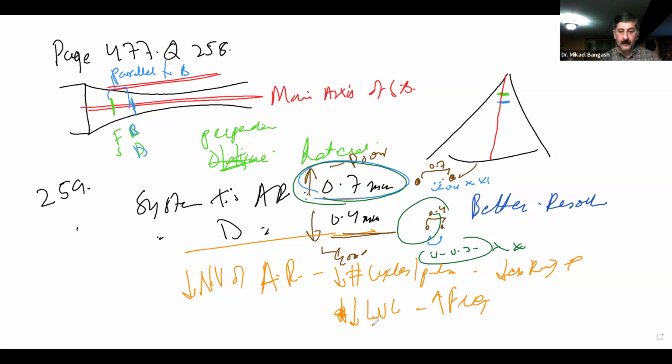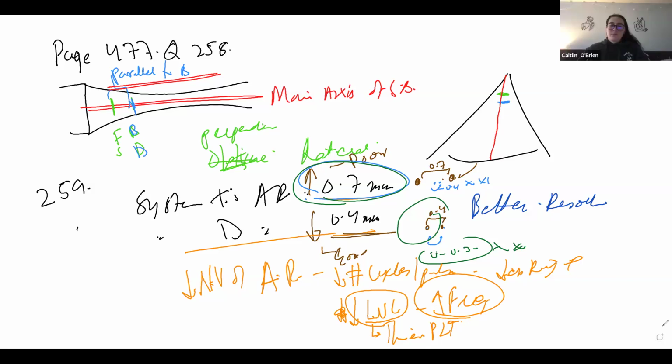And how do we get a low wavelength? Mainly by a thinner PZT. So a thinner PZT is going to give us a lower wavelength, which will cause the transducer to have a higher frequency. Did you guys get that? Yep. Okay.